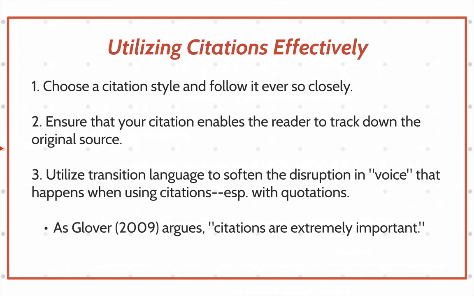So, a student will say, as Dave Jones argues in his 2008 article, how to screw up a paper, and they'll include all of that citation information in the sentence itself, and you don't need to do that. That's why we have citations. You could just have Jones 2008 in a parenthetical citation. That would be sufficient. But as much as you can, try to utilize transition language to soften that disruption.